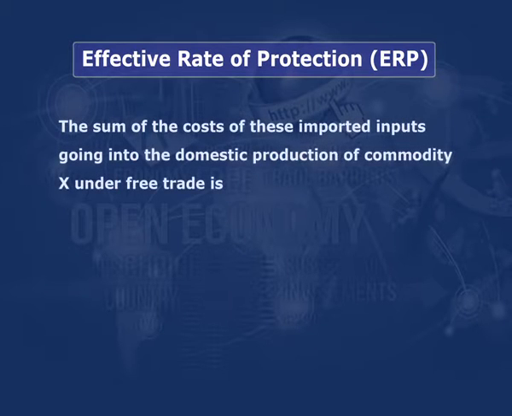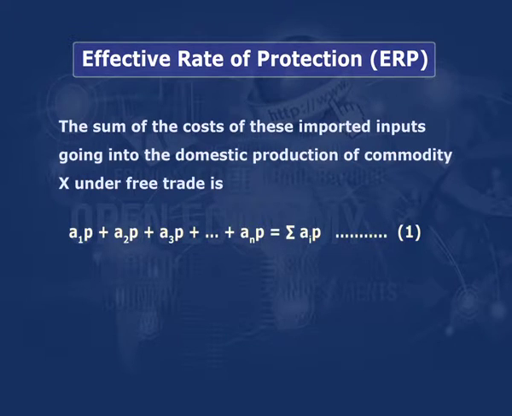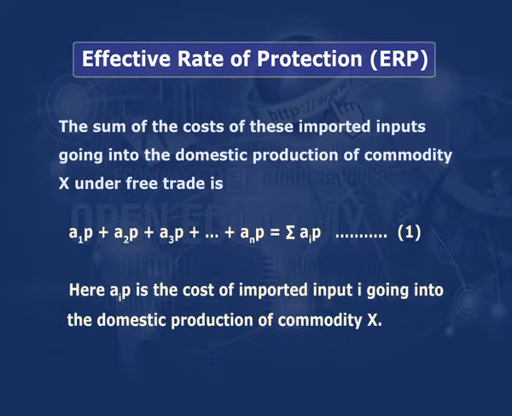The sum of the cost of these imported inputs going into the domestic production of commodity X under free trade is the summation of AiP, where AiP is the cost of imported input i going into the domestic production of commodity X.